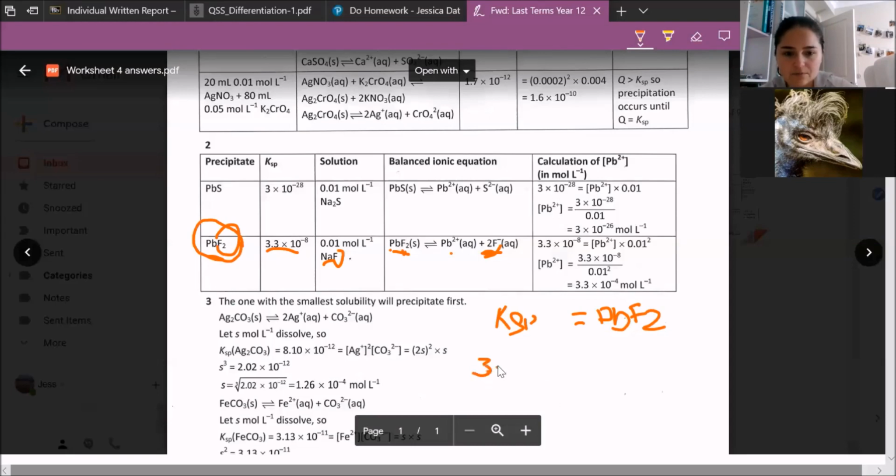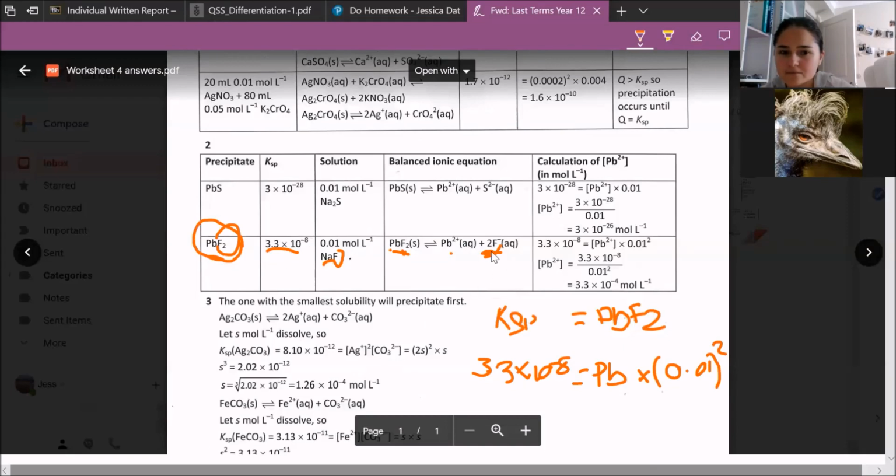So 3.3 times 10 to the negative 8, right? Which is given right here, which is our Ksp value. And I'm going to be timesing it by Pb2+, which we have no idea what it is. We're trying to find it. And we're going to times it by, again, 0.01, but it's going to be squared. Remember why it's squared?